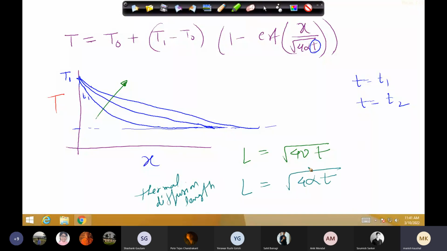So for a given property of a material which is alpha, at a given time you can tell someone up to what length heat has penetrated or the effect of heat has gone. Rough calculation, because that's what we look forward to as an engineer. Sometimes we are not interested in the precise answer, a rough estimate.